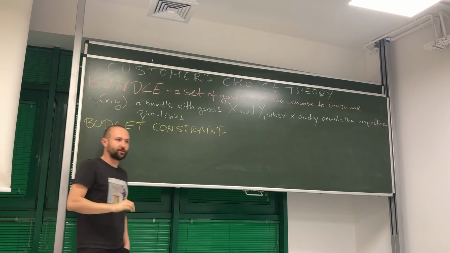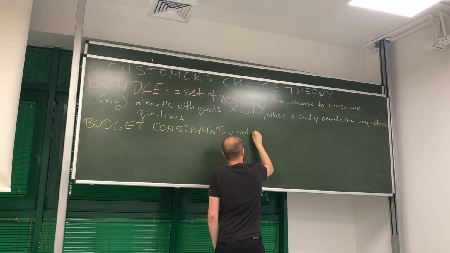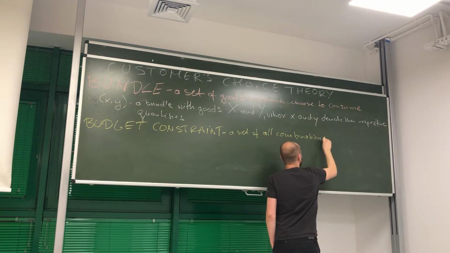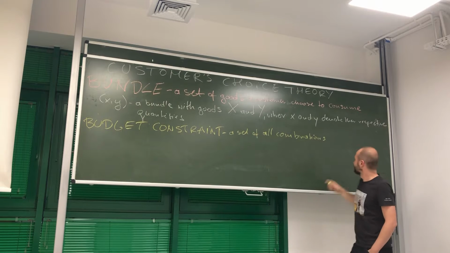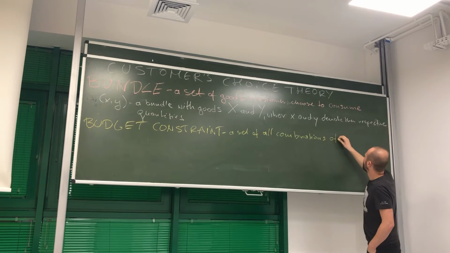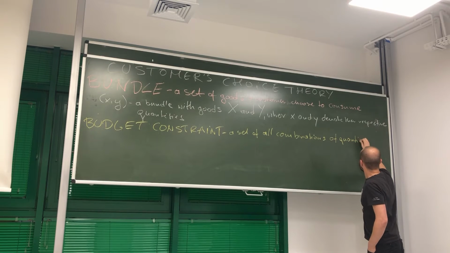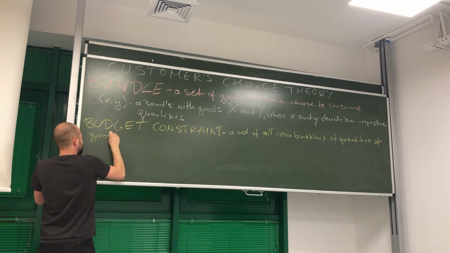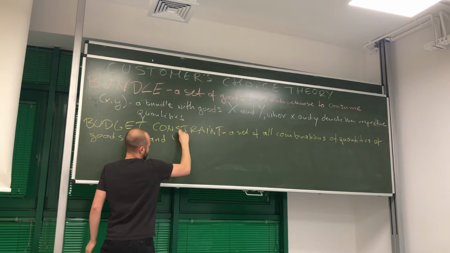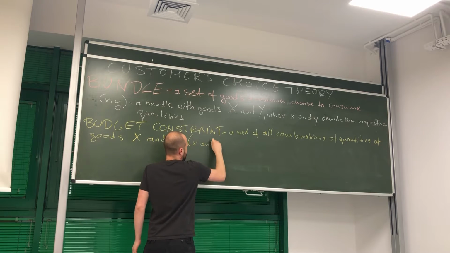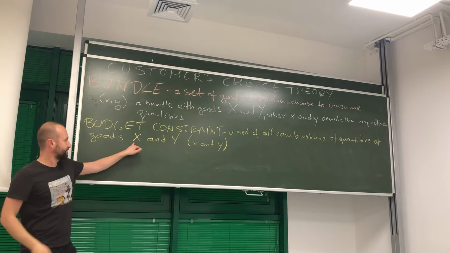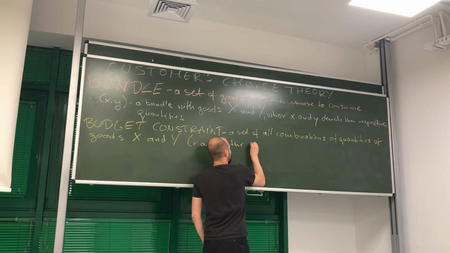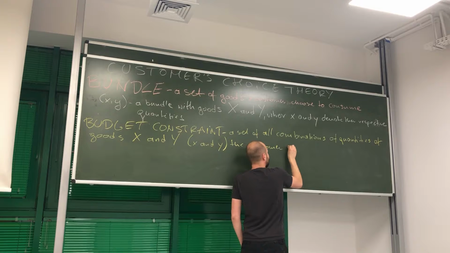The budget constraint is the set of all combinations of quantities of goods X and Y. So X and Y, please remember, are the names of the goods and x and y are their respective quantities, that the customer can afford.